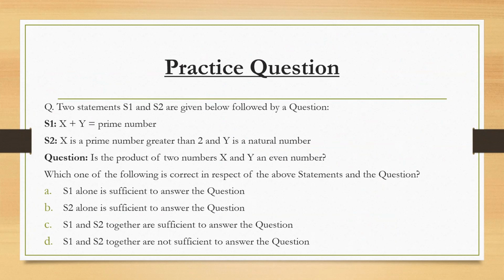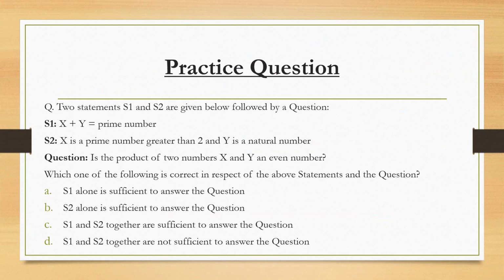Okay. So again question format में दिया गया है. You have a question in a question format. It says, is the product of two numbers x and y an even number? It's just given that is the product of those two numbers an even number.